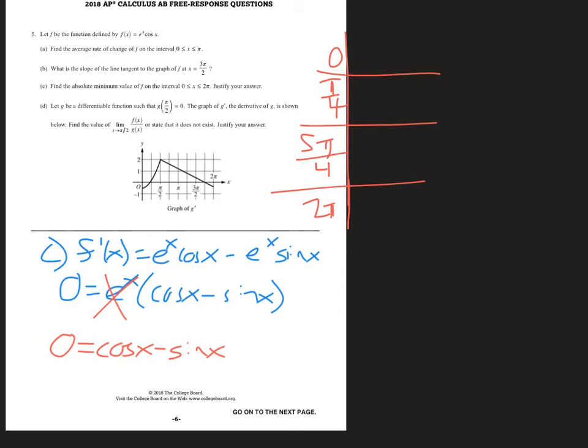And if I plug that into the function, and you can check my work if we need to, but I believe this is going to be 1. This is going to be e to the pi over 4 times root 2 over 2.